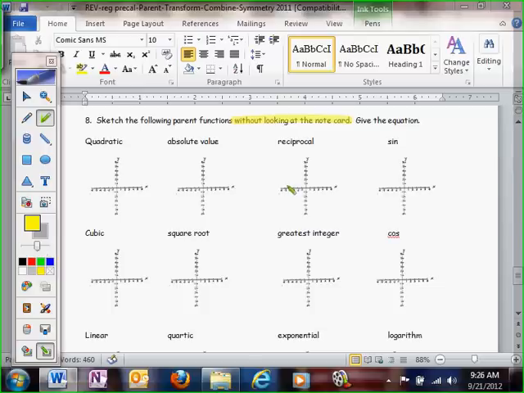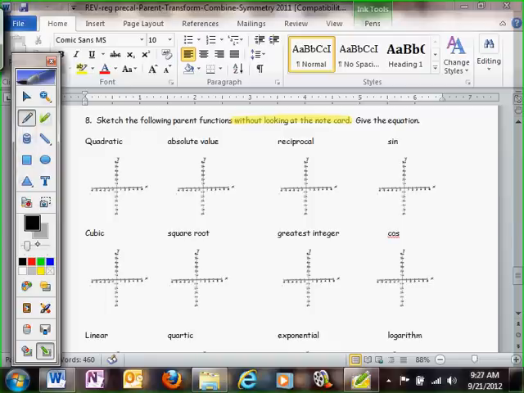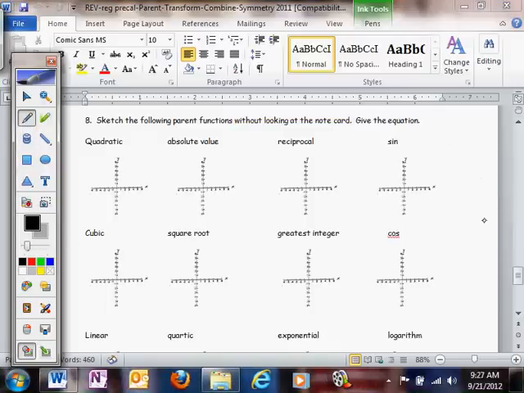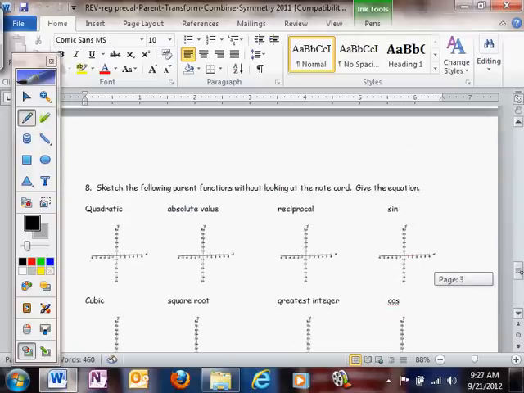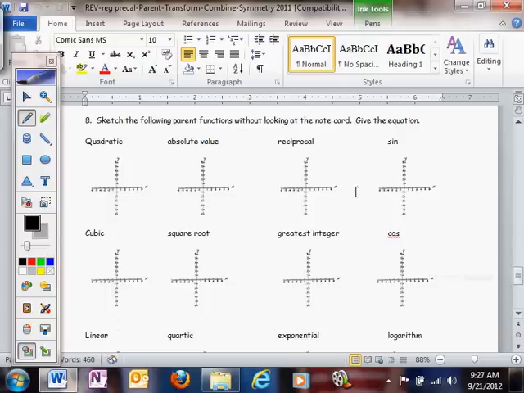You're going to need to study that parent function handout to be able to do this. Remember, your time is limited on the exam. And that'll do it. So make sure you study those parent function note cards and get ready for this test.